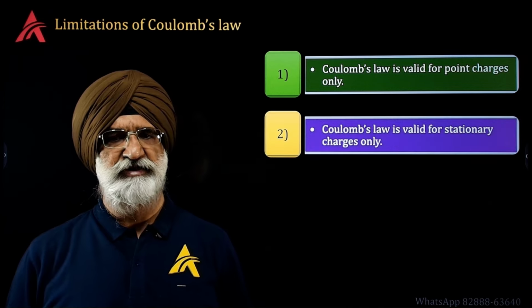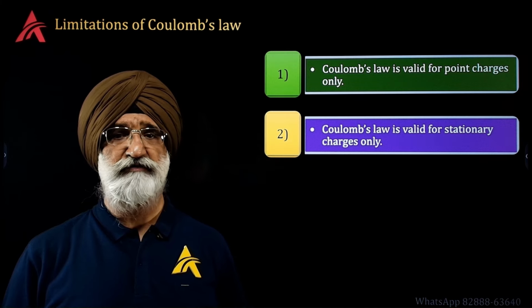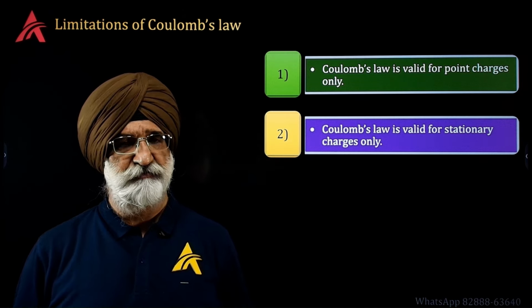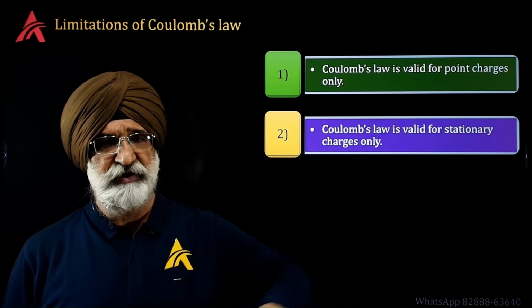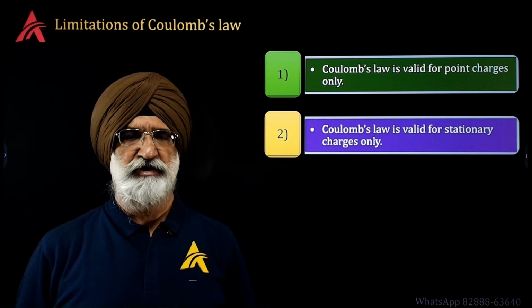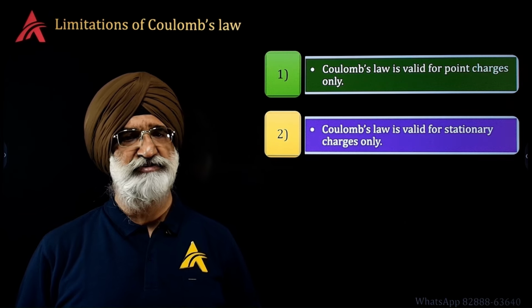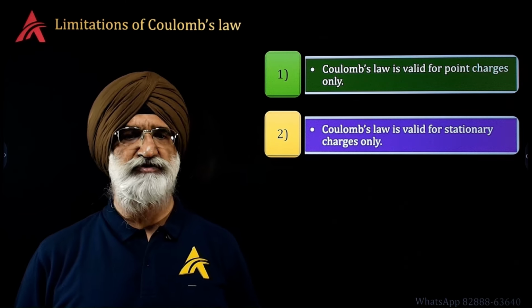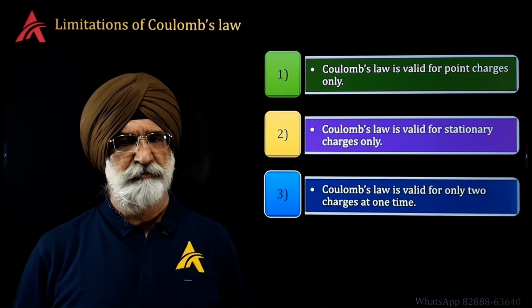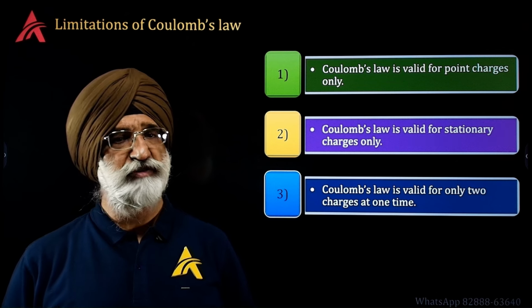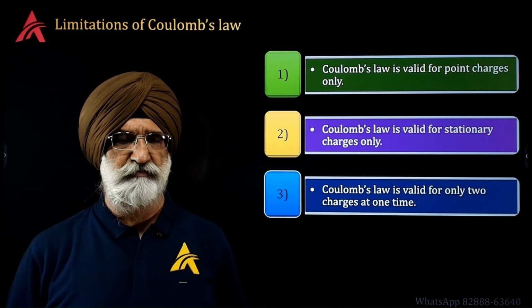Second limitation. Coulomb's law is valid only for stationary charges. When the charges are moving, then there will be a magnetic field around that charge. Then in addition to the electrostatic force, magnetic force also plays an important role. Third, Coulomb's law is valid only for two charges at one time.